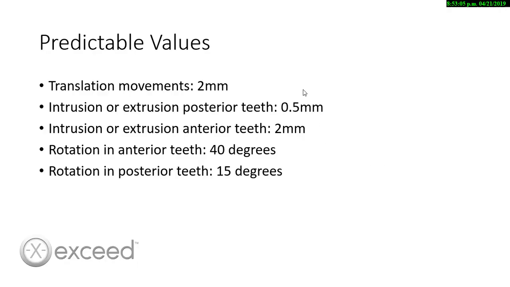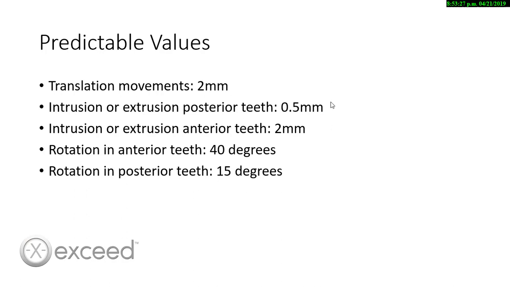If we have space, we are going to have some values that help us remain in a predictable range. When we want to do translation movements to mesial, distal, buccal or lingual, normally if we stick to less than 2 millimeters, everything will track really well.